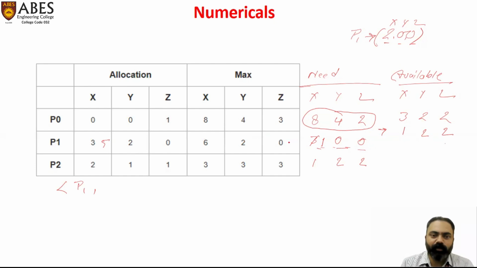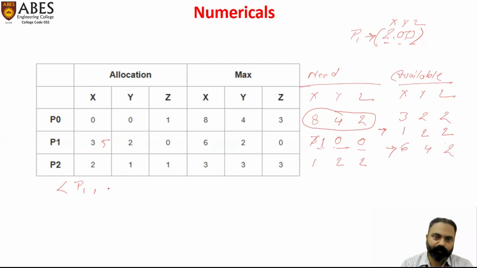After execution, P1 will release all its allocation. So we provided 100, then it will return 100 again. So it becomes 122. And adding the previous allocation, which was 520, availability will be 5 plus 1, 6; 2 plus 2, 4; and 2.